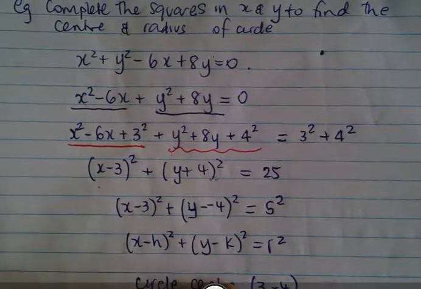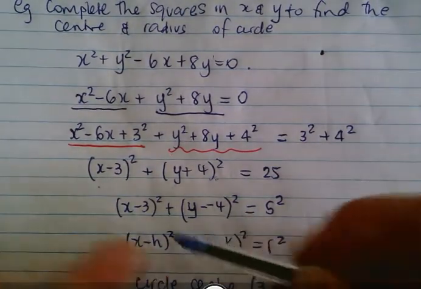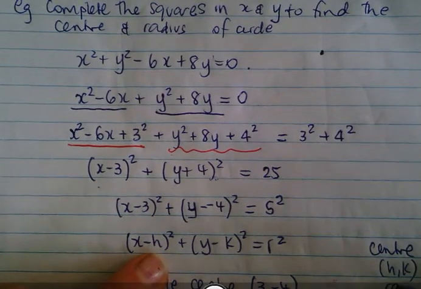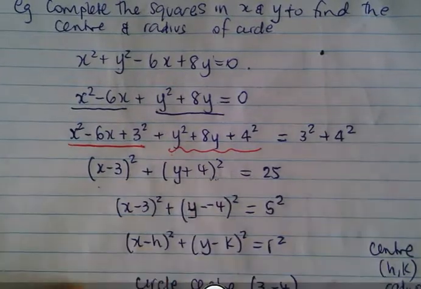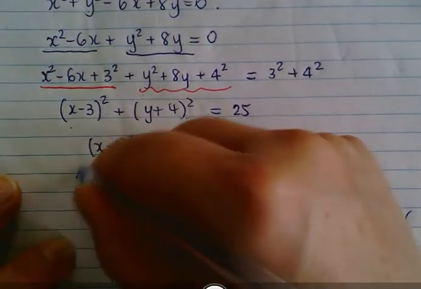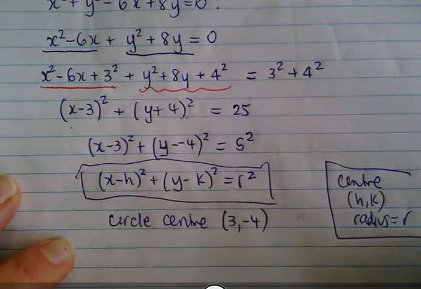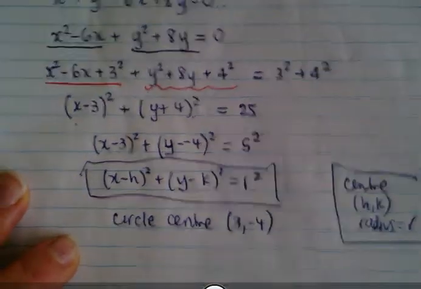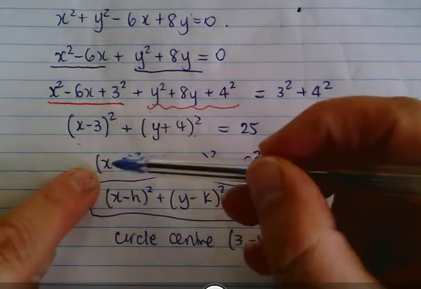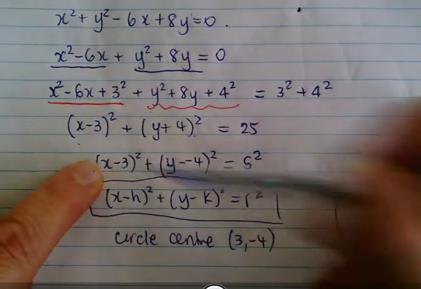squared plus y minus k squared. If it is in that format, your center of your circle is (h, k) and your radius is r. If you look at what we've been doing with shifting the whole time, or you can just say, what makes that 0? x is 3.